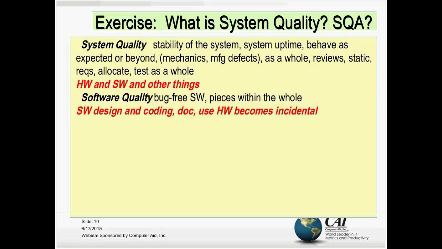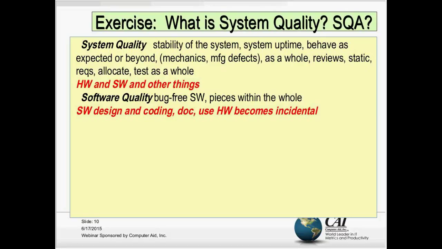Now, in many of our projects, they are predominantly driven by software. Hardware is less used. But in some organizations, they make a big distinction between whether something is system or software, primarily based upon whether or not hardware is involved.